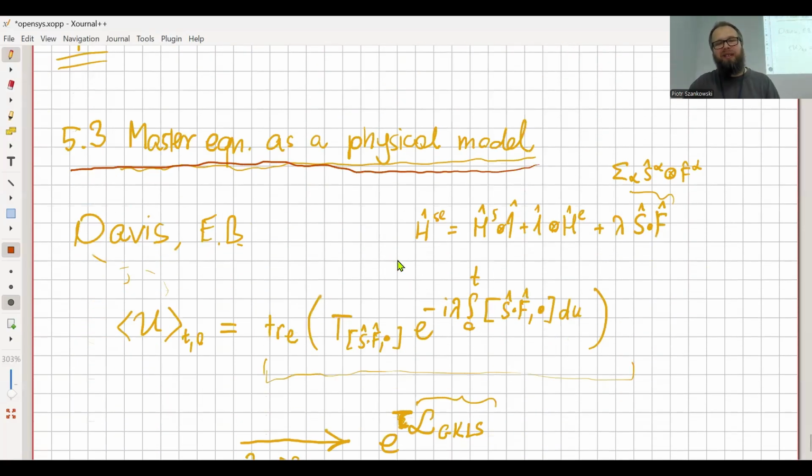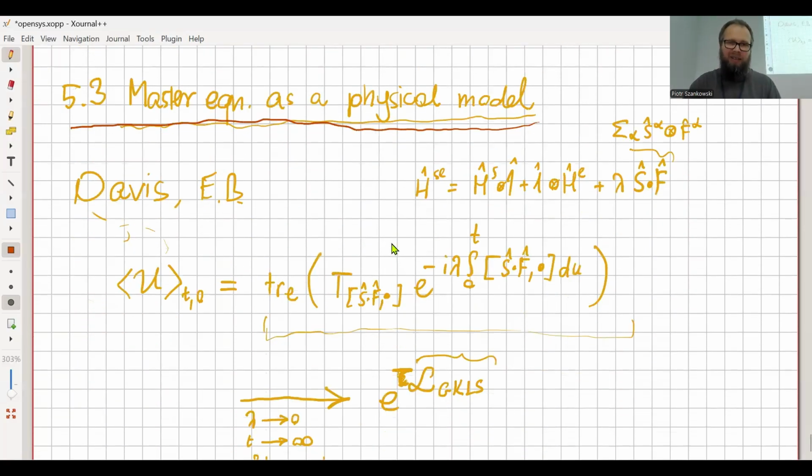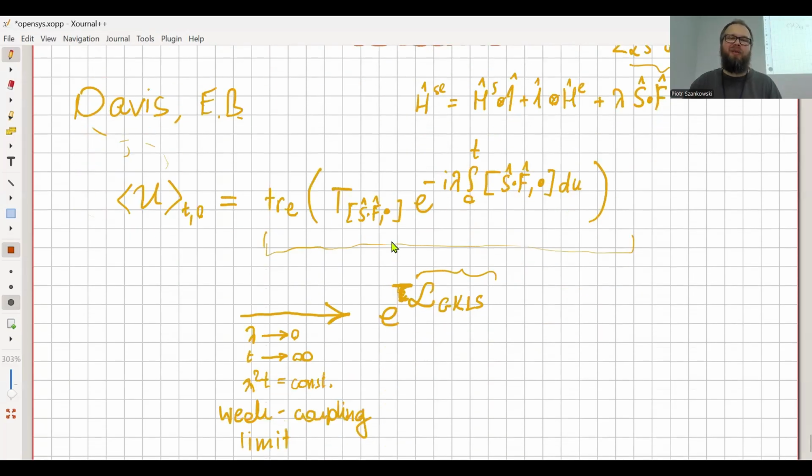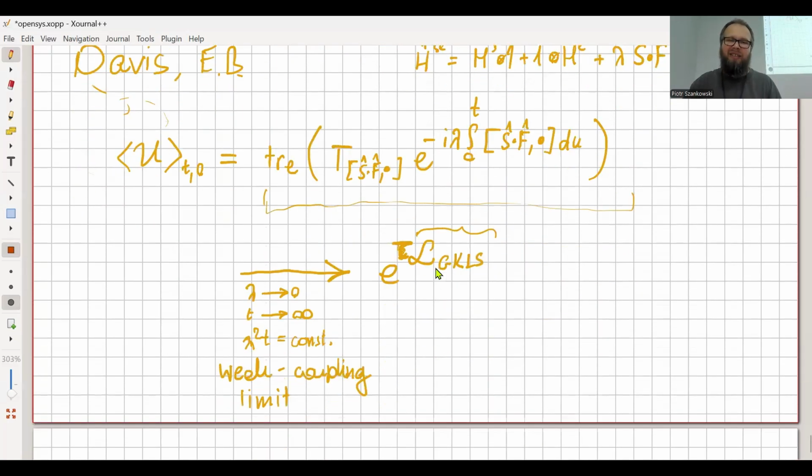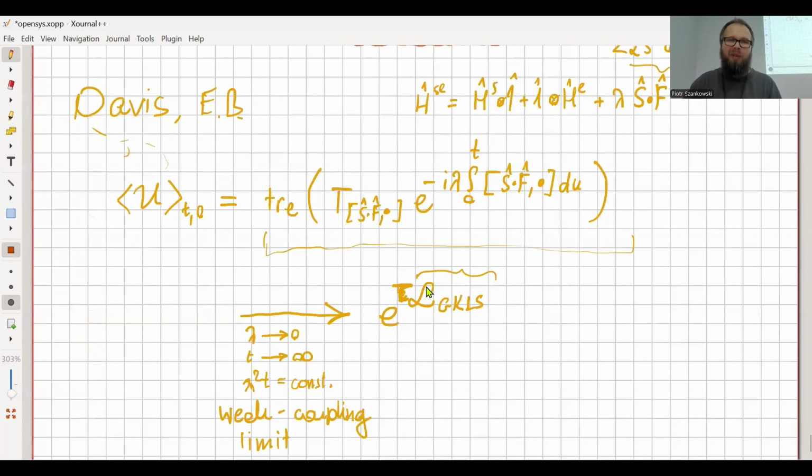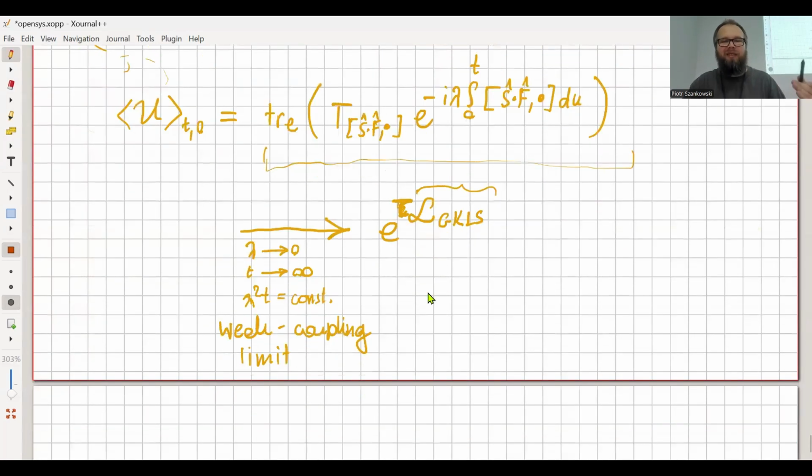Following from the mathematical results of Davies, who showed that this GKLS form is an asymptotic result when you take the weak coupling limit, we want to show that even for weak coupling, but still finite coupling, this GKLS form can be obtained as an approximation to probably a wide range of real environments.